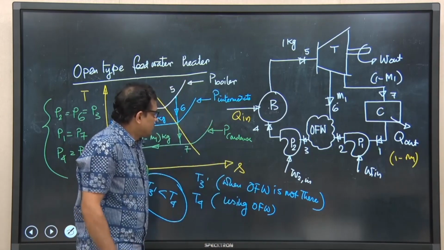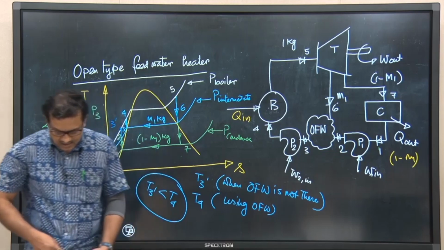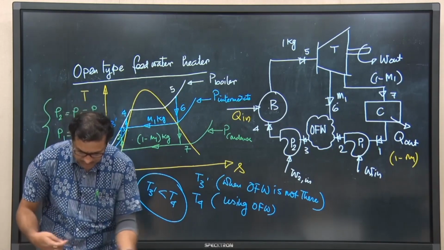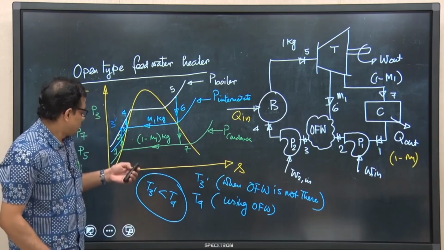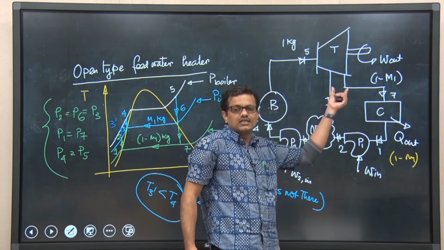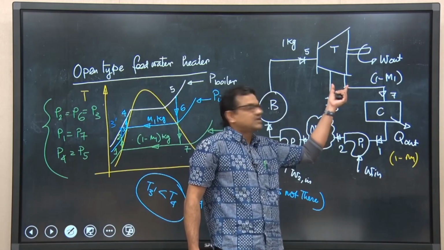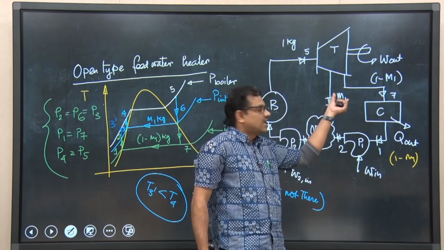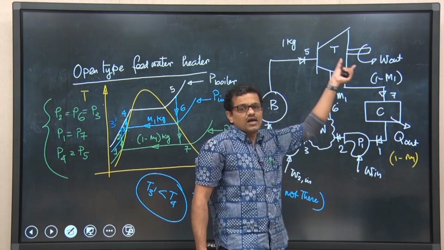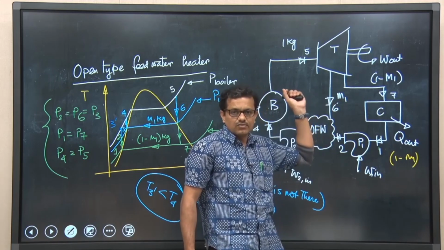And I am telling you that this is very important. You can argue that if we extract M1 kg of steam, then if we did not extract it, this steam would do further work and W out would increase. That is true.